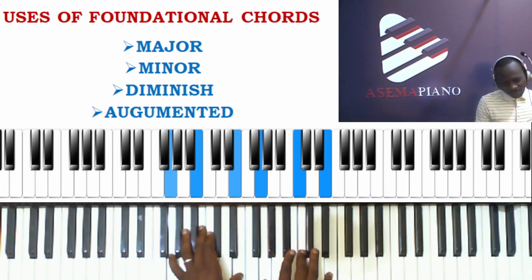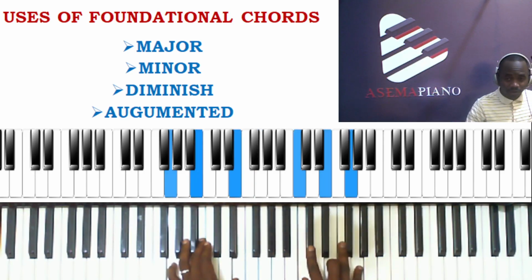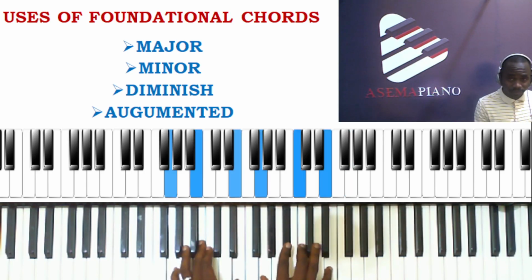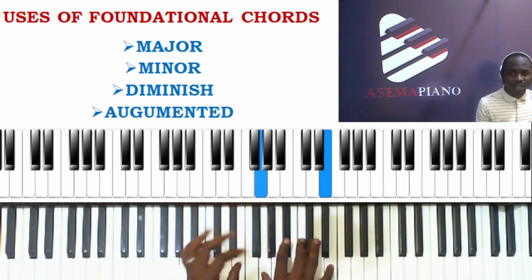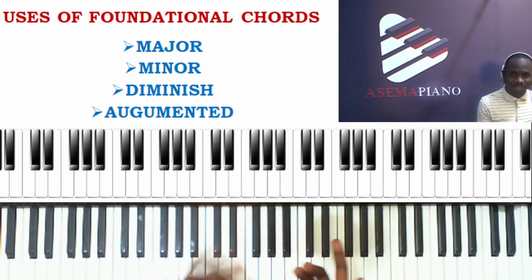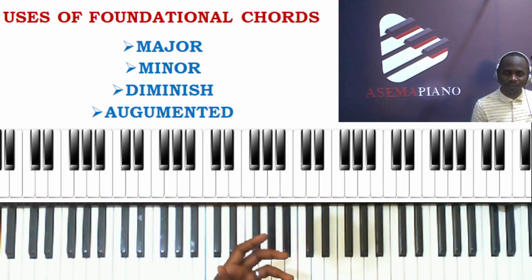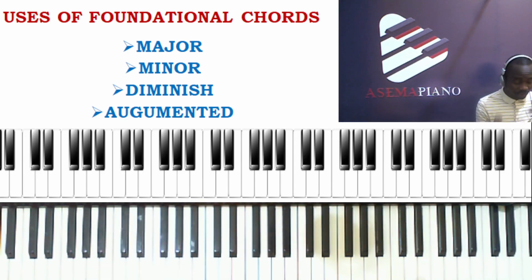So I can play using this version or this version. So this is major 7. So I can always find easily the major 7 by just playing the third degree on my left hand or on the right hand side. It depends. You can switch.